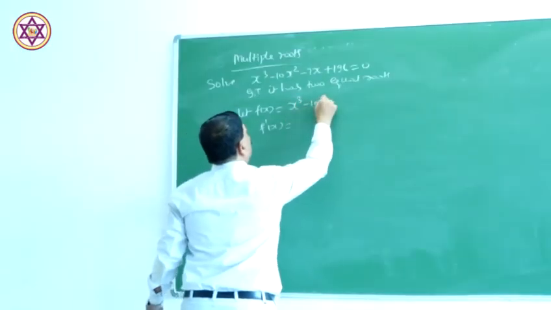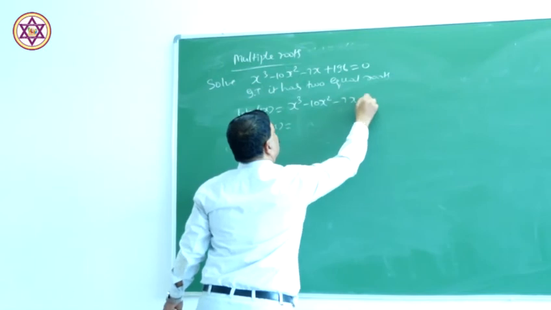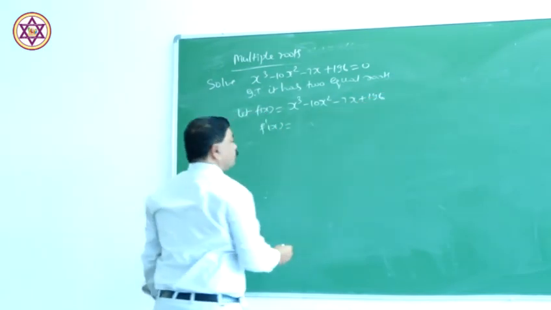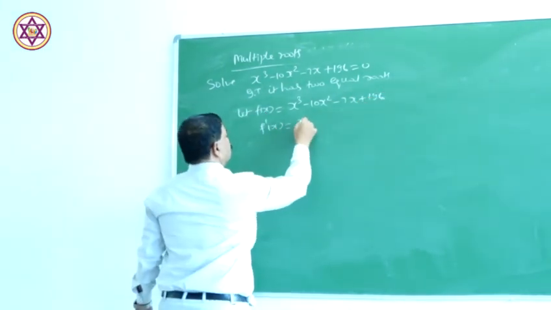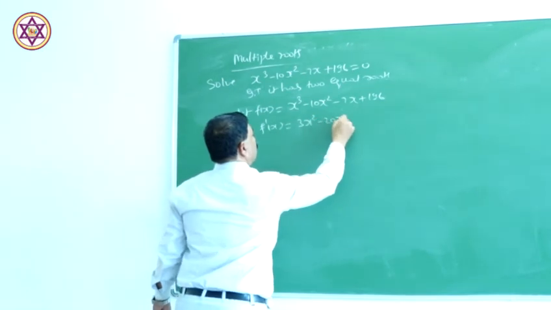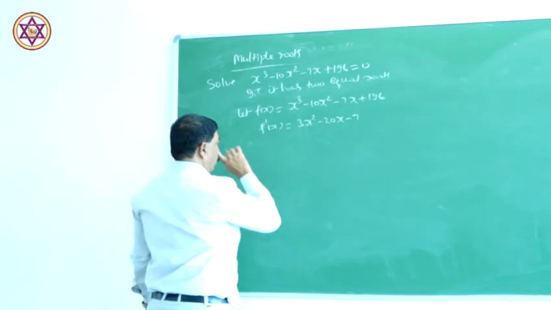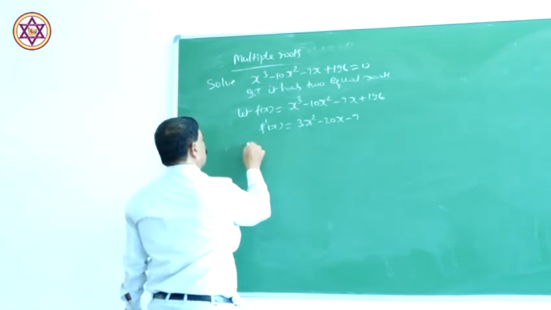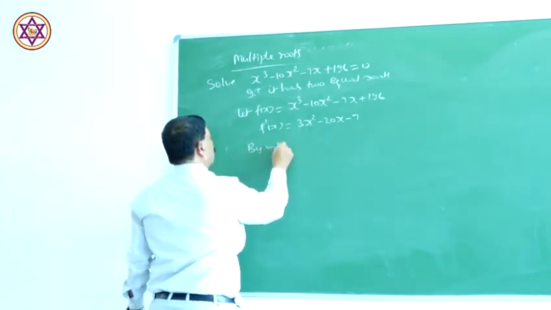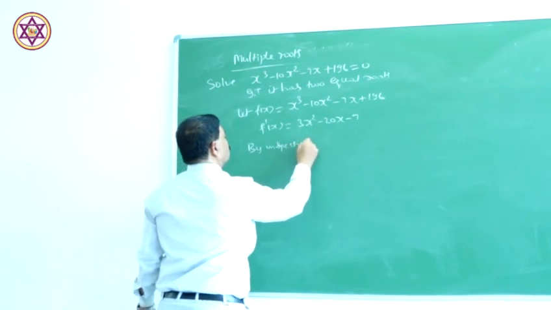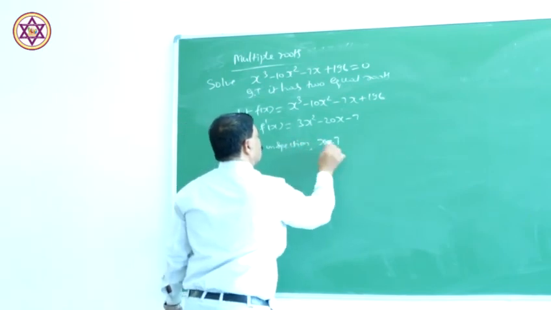x cube - 10x squared + 7x. So, differentiate: 3x squared - 20x + 7. By inspection, x = 7.